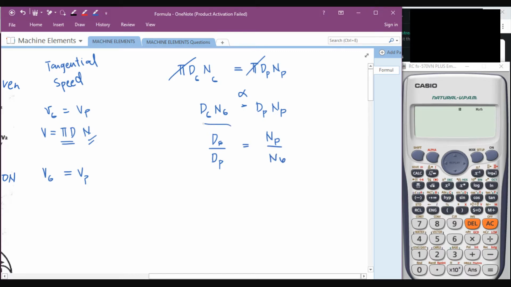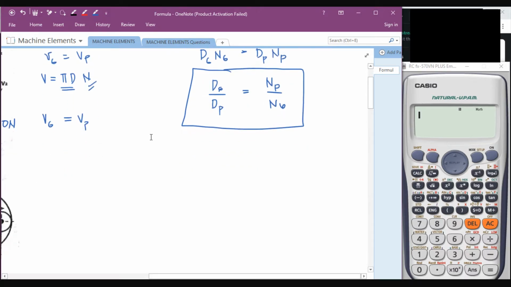Ibig sabihin, the ratio of the sizes of the rolling cylinders is always equal to the speed ratio nung dalawang yan. So, we call this the speed ratio, SR. Yung isa, size ratio. Now, okay, let us go back.